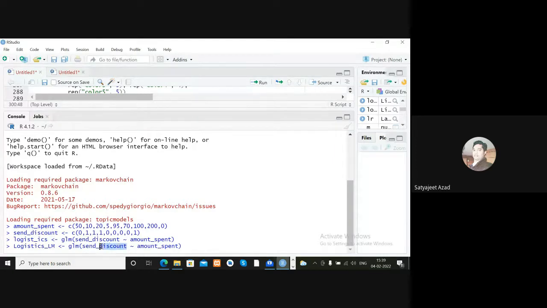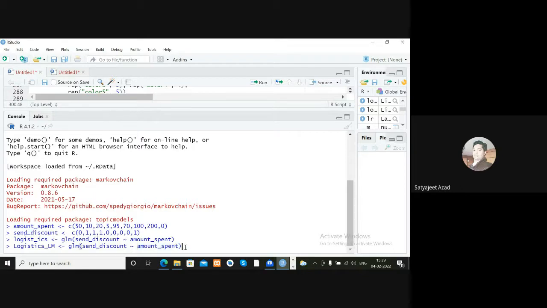Typically we write it first. This is a response variable, and we are trying to establish some relationship. The tilde sign is showing a relationship. What kind of relationship does amount spent have with sending discount? Amount spent is your feature, and sending discount is your target variable.